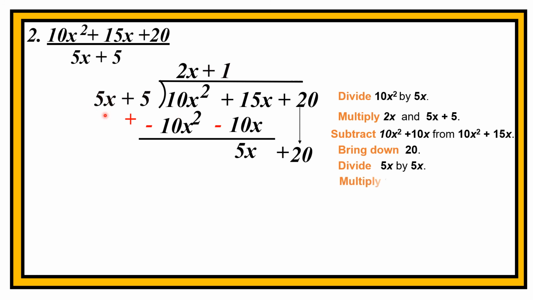Next step, multiply natin yung 1 sa 5x plus 5. So, 1 times 5x, the answer is 5x. So, lagay natin dito kasi similar terms sila. Then, 1 times positive 5, the answer is positive 5. So, subtract natin. So, change natin yung sign from positive, magiging negative.